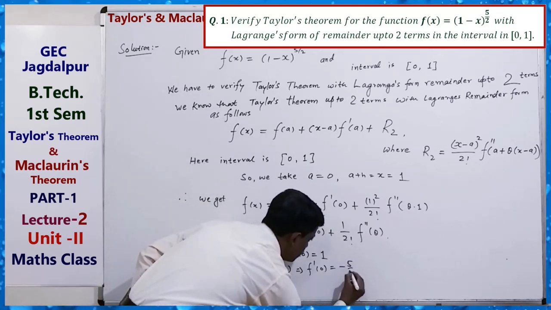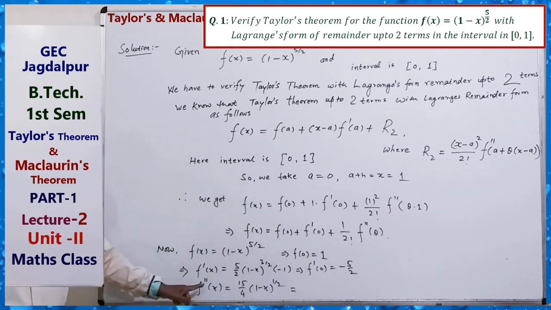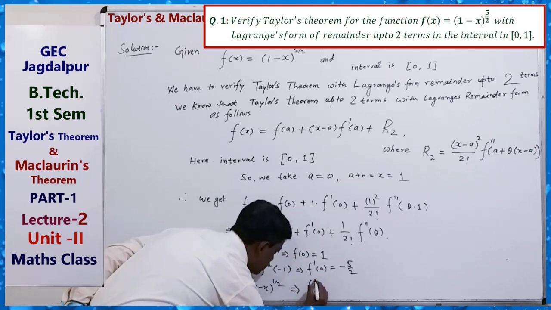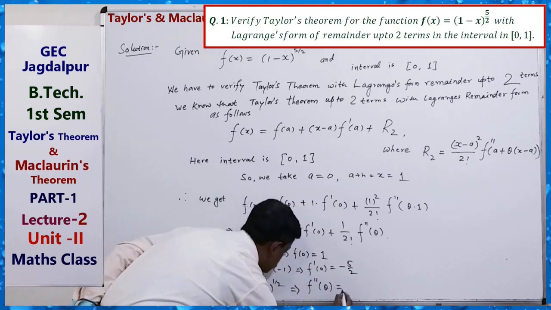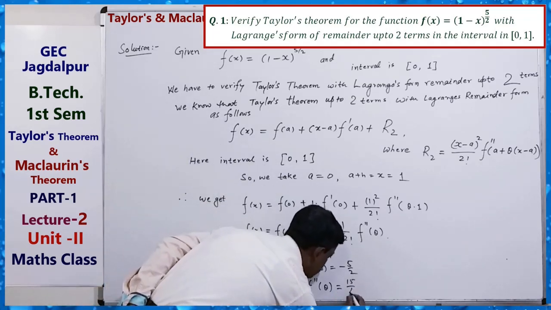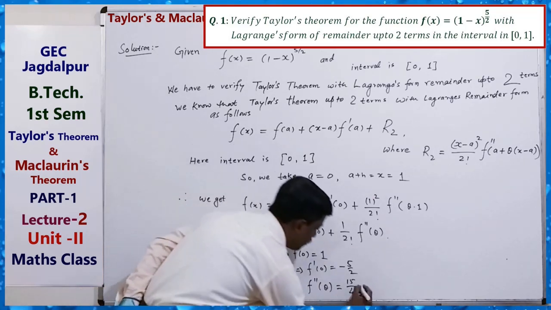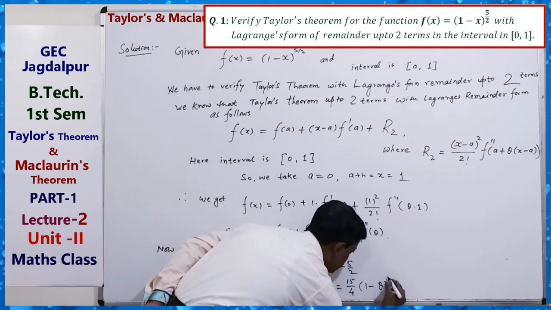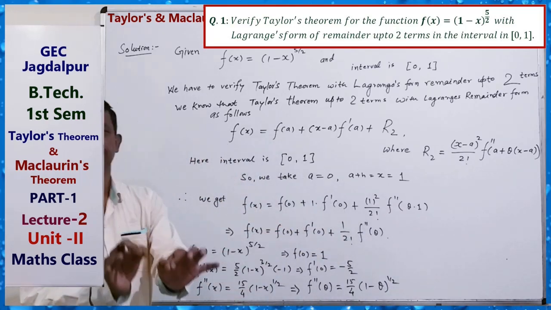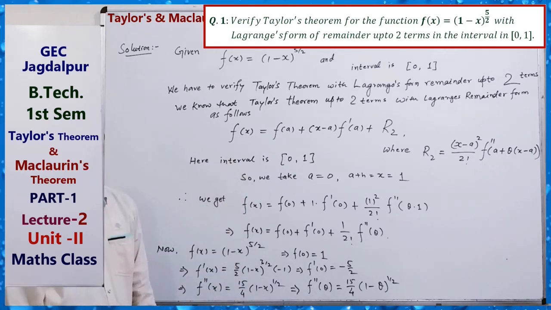And f double dash theta equals 15 by 4 times 1 minus theta to the power half. You have to put these values here and find the value of theta. If theta lies between 0 to 1, then Taylor's theorem is verified.